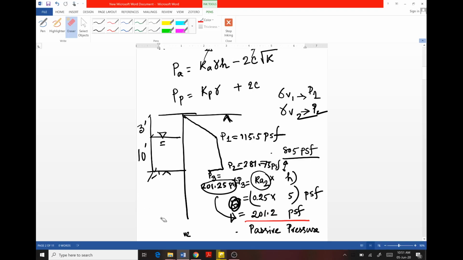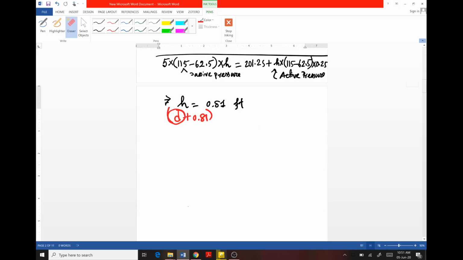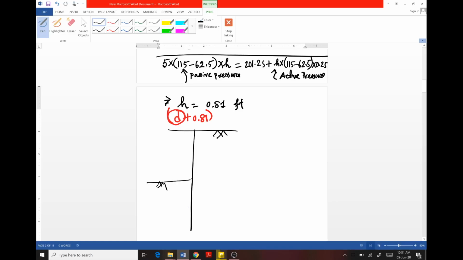We were determining the embedded length of the cantilever sheet pile in the conventional method. As I have discussed earlier, there are two methods of determining the embedded length of sheet pile: simplified method and conventional method. We are doing it in conventional method. So before proceeding, what happens in cantilever sheet pile?